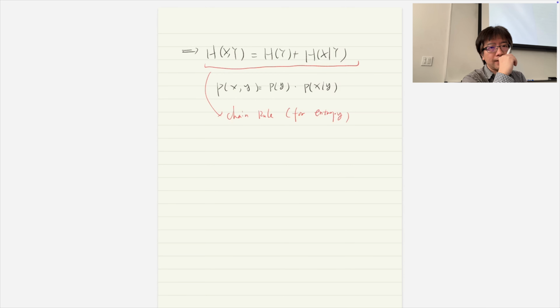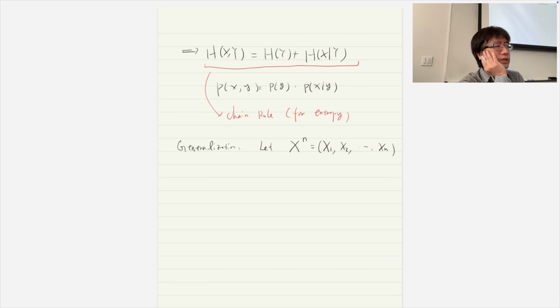Although we call that the chain rule, we have only two terms here, which is not very interesting. So now we can generalize it for an arbitrary number of random variables. We introduce a new notation: x to the power n basically means a vector of random variables from x1, x2 till xn.